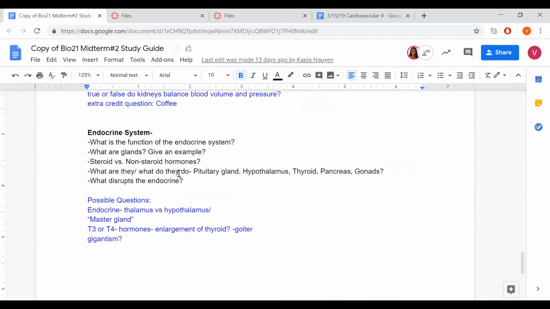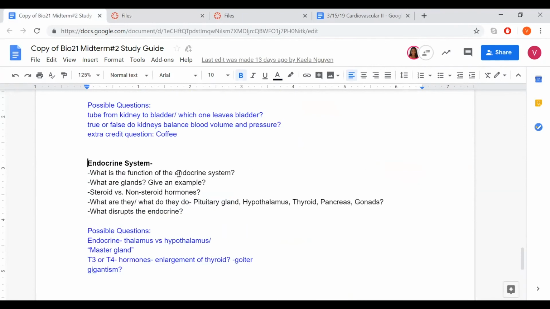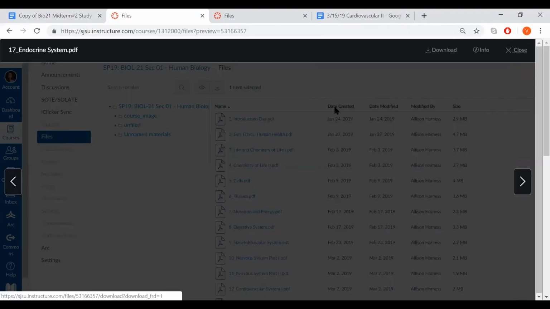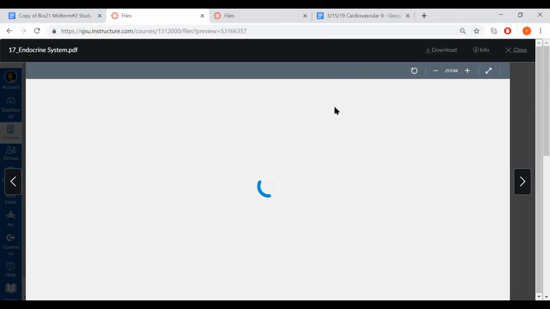Okay, so moving on to the endocrine system. So what is the function of the endocrine system? I'm looking at our slides to tell you the right things. It is to regulate reproduction, metabolism, energy balance, growth and development, body defenses, and homeostasis.